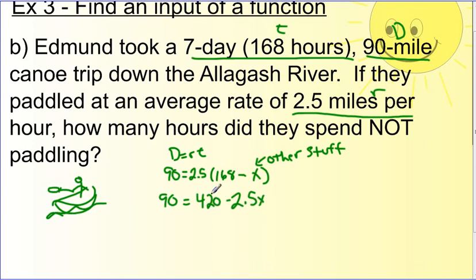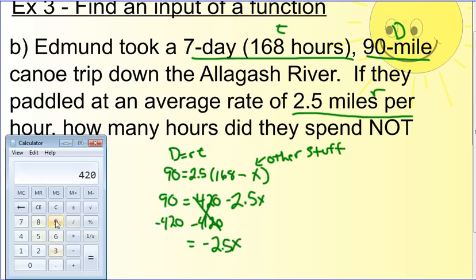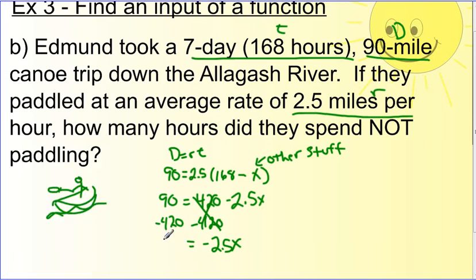This is a positive 420, so we subtract 420 here, subtract 420 here, negative 2.5x equals 90 minus 420, which is negative 330. This is multiplied by a negative 2.5.